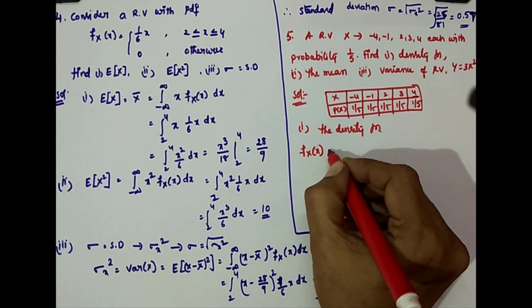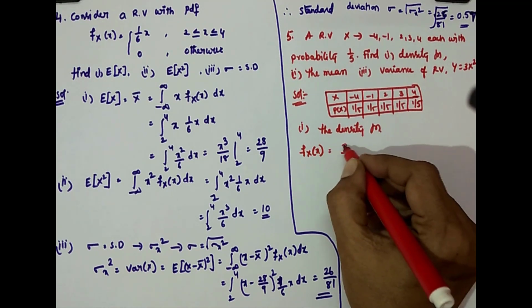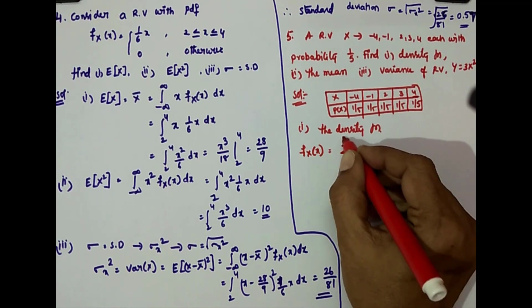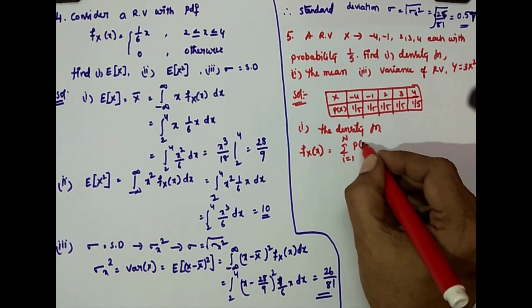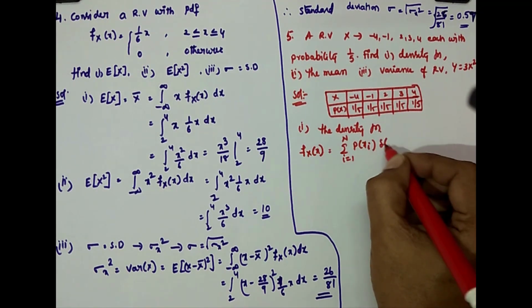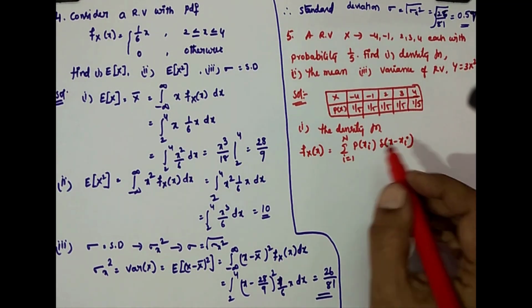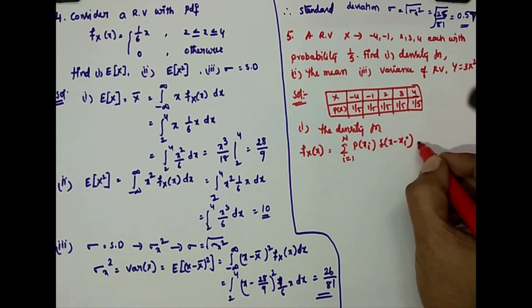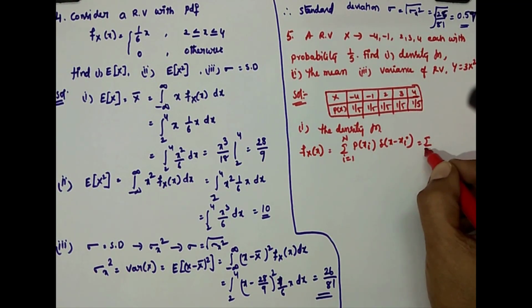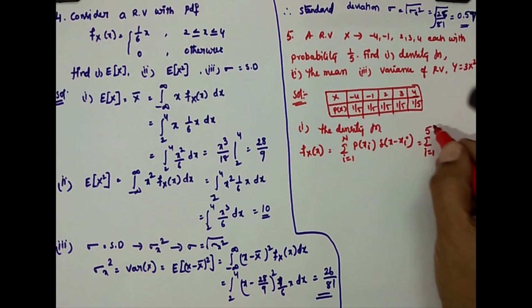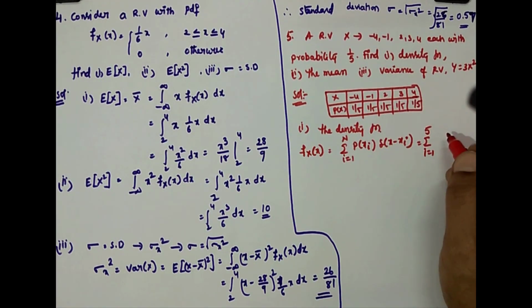Fx of x, the formula is sigma i from 1 to n p of xi into delta of x minus xi. This is the general formula. For us the formula is i from 1 to 5 as the number of random values is 5, p of xi into delta of x minus xi.